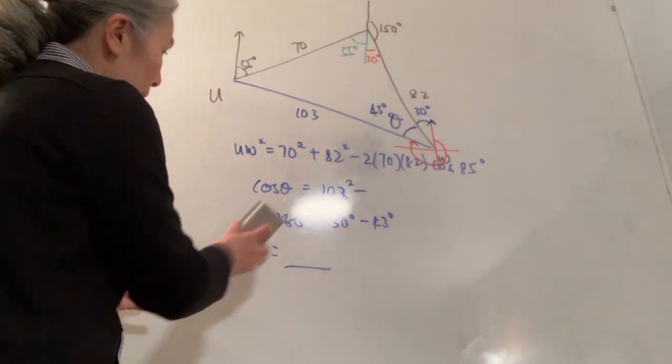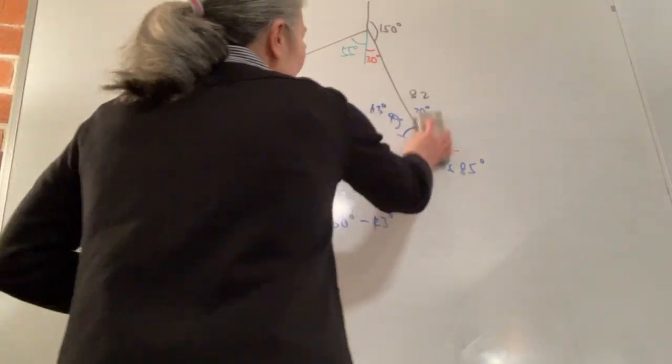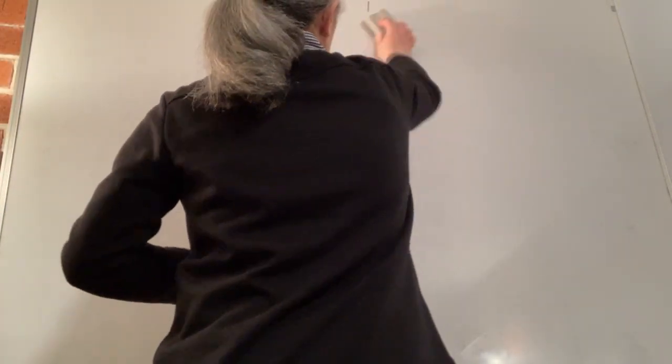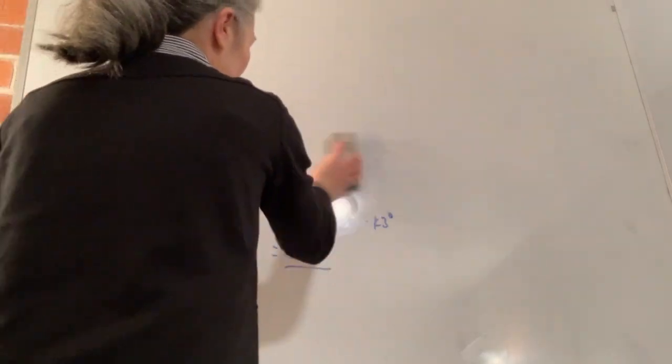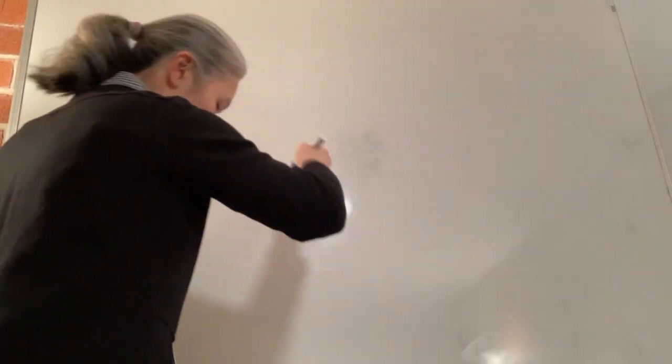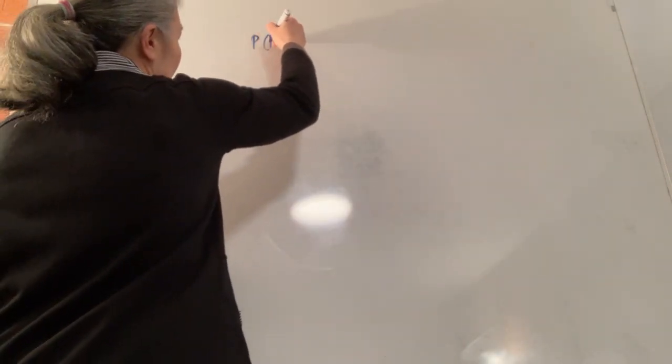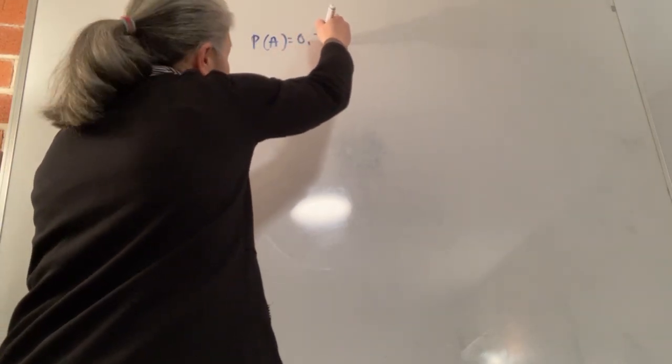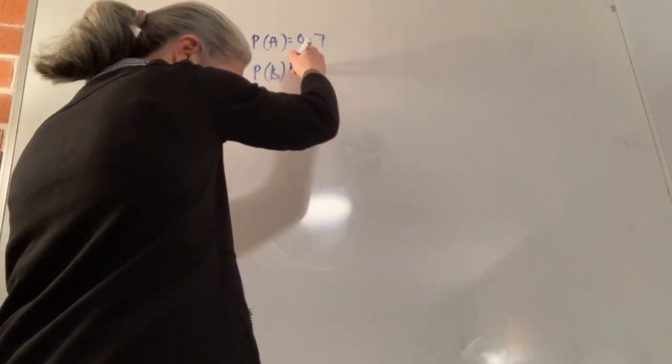You were given A and you were given B, but you weren't given A and B. This A is 0.7, and then this is B, 0.4. And then would you just subtract?